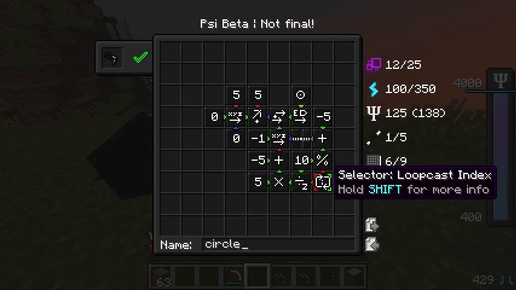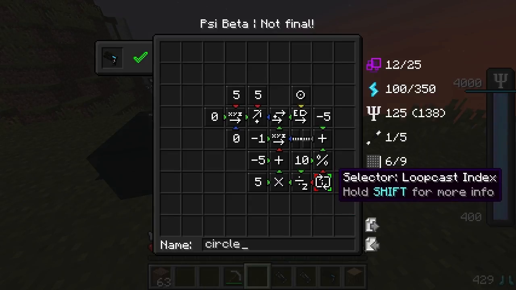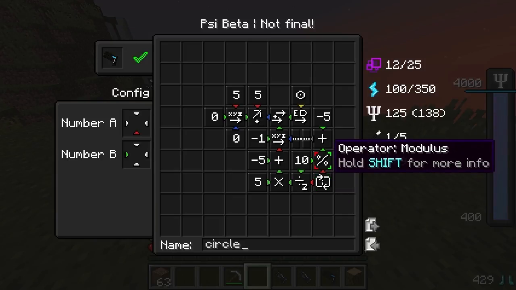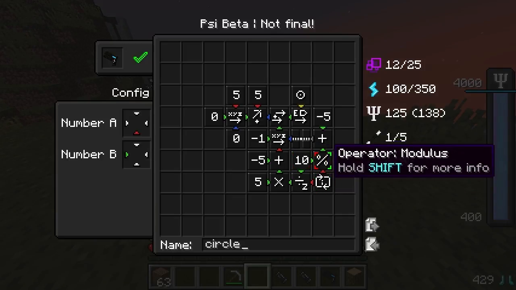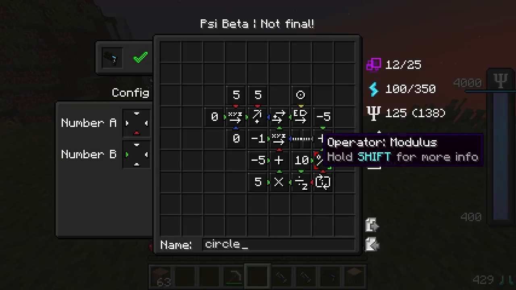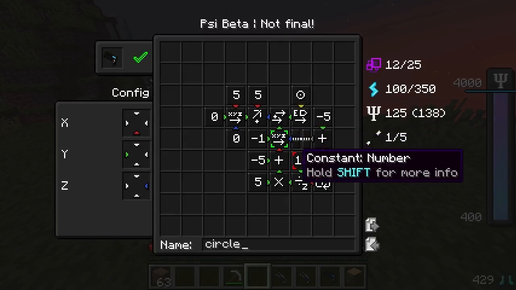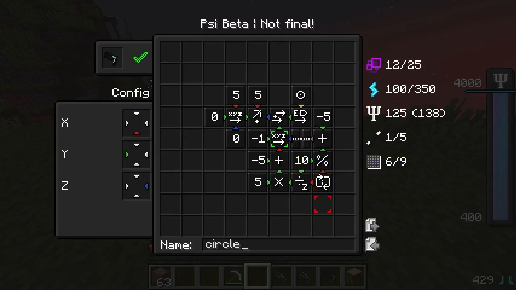Alright, so let's look at the first Loopcast index, 0. It starts at 0, doesn't it? So then we'll do 0 divided by 10 is 0. So let's look at what the Z coordinate will be here. Even though in a sense the X coordinate is probably more important. Well, they're both important, really.